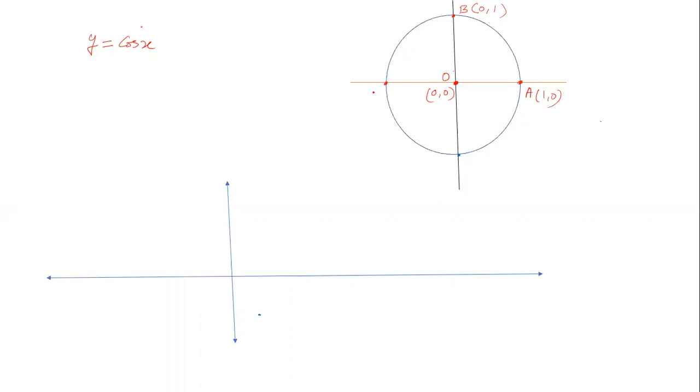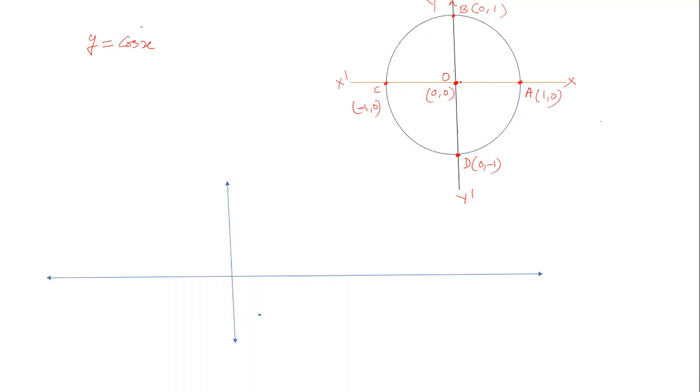This point is C, on the x dash axis. So its coordinate would be minus 1, 0. This is the y-axis and y dash axis. Say this point is D, its coordinate would be 0, minus 1.